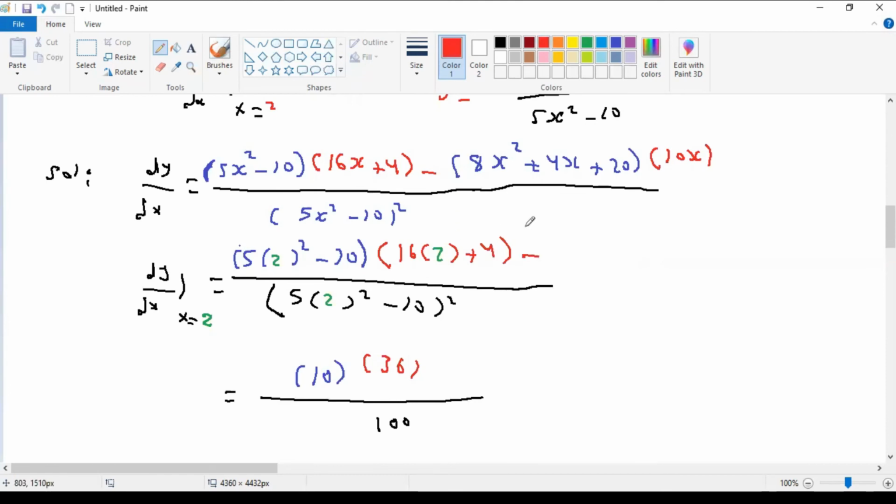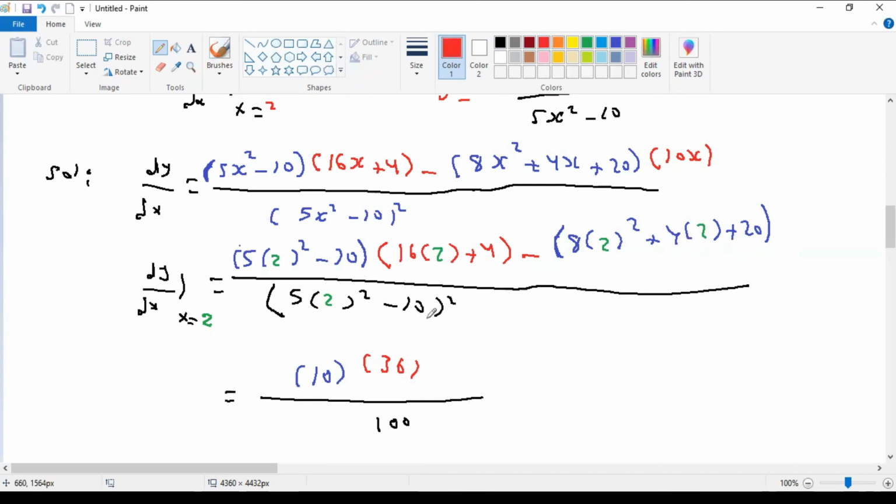Minus, now the blue one, 8x squared plus 4x plus 20. Okay, so x is 2. So this will be 32 plus 8 is 40, plus 20 is 60.